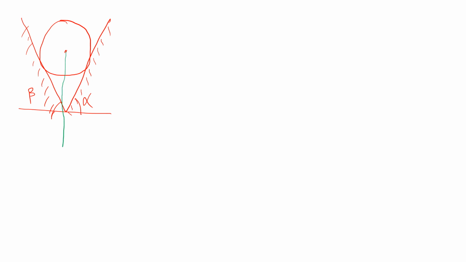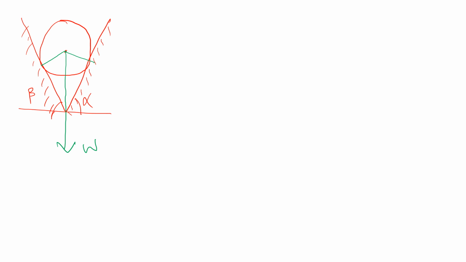This should pass through the center of the ball. Yes, so this is your weight, and this is your reaction from this surface, and this is the reaction from this surface.